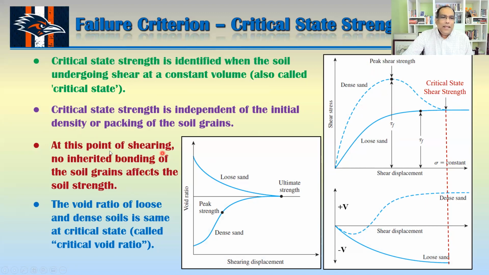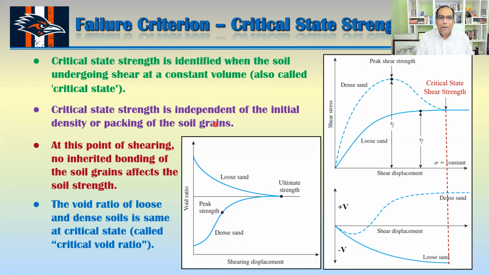Now we can also see here that the critical strength is independent of the initial density or packing of the soil grains. So if you bring the soil from the field and remold it, then if you consider the critical state strength, it doesn't depend on the initial packing.